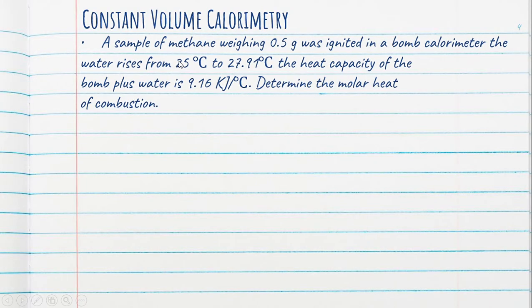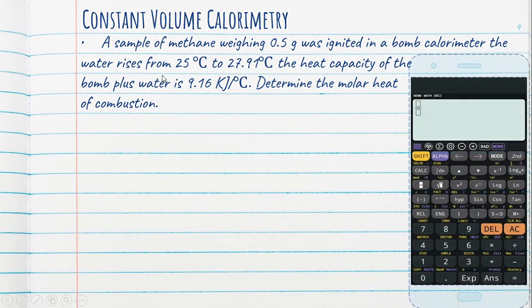Next is constant volume calorimetry. A sample of methane weighing 0.5 gram was ignited in a bomb calorimeter. The water rises from 25 degrees Celsius to 27.91 degrees Celsius. The heat capacity of the bomb plus water is 9.16 kilojoules per degree Celsius.